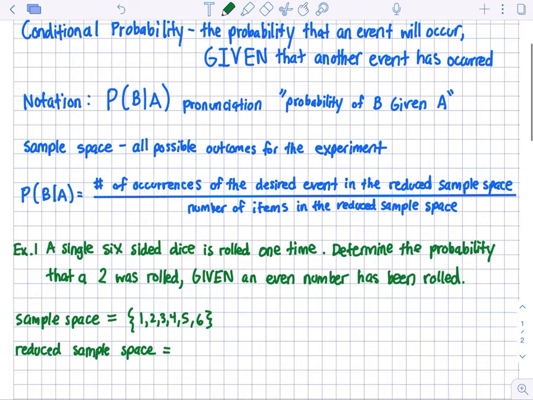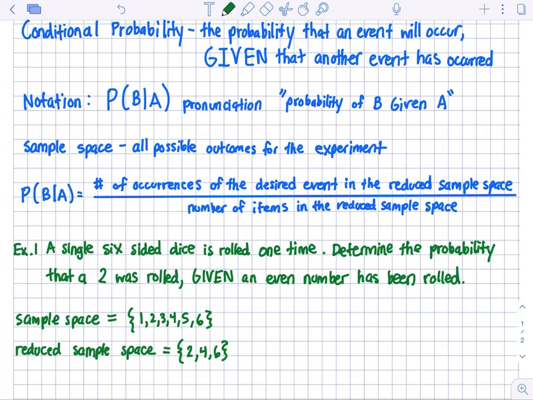Now here is where conditional probability comes in. It says given an even number has been rolled. Well, what numbers are even? In the reduced sample space, it's 2, 4, and 6.